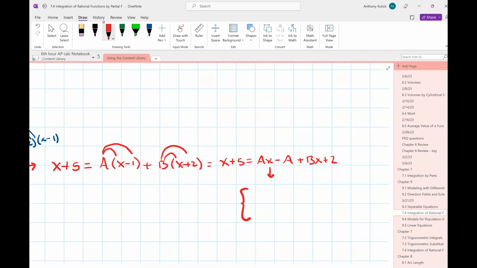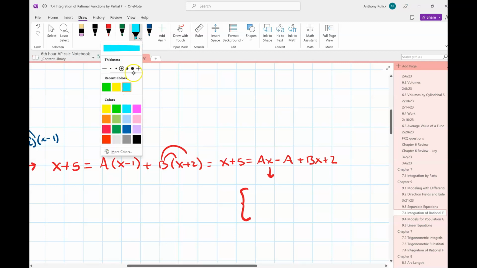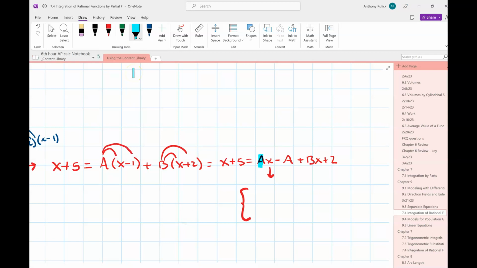I'm going to use that equation now to form a system of two equations. So I know that Ax + Bx has to give me 1x.